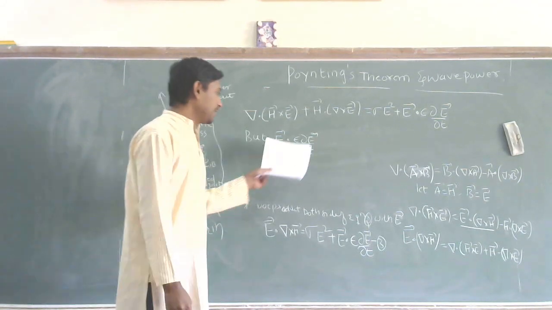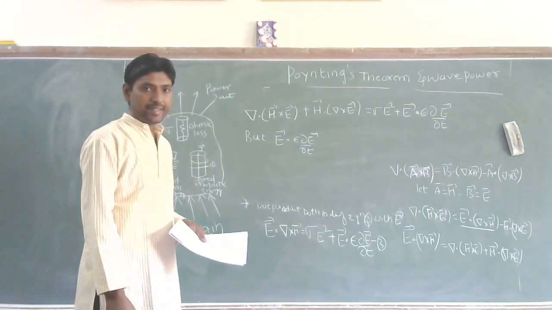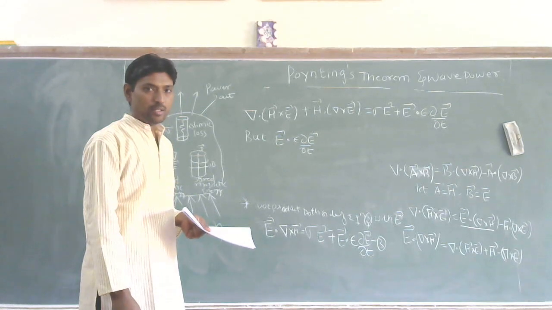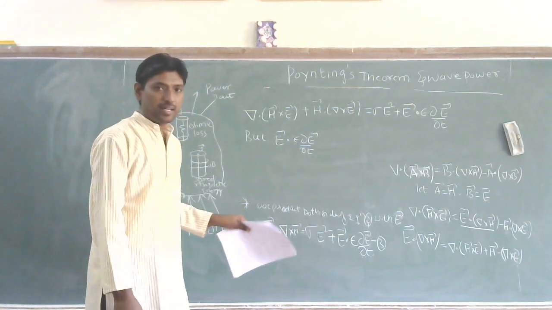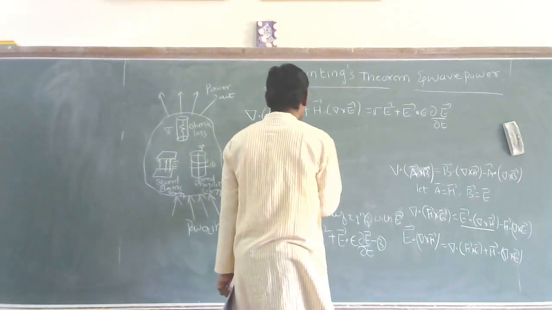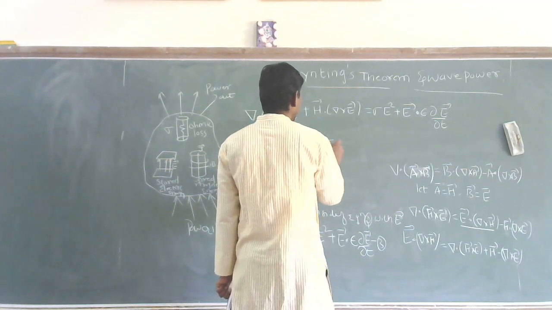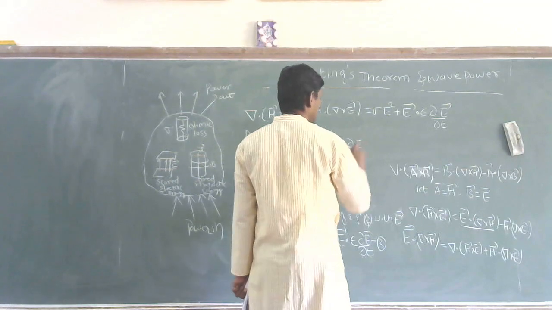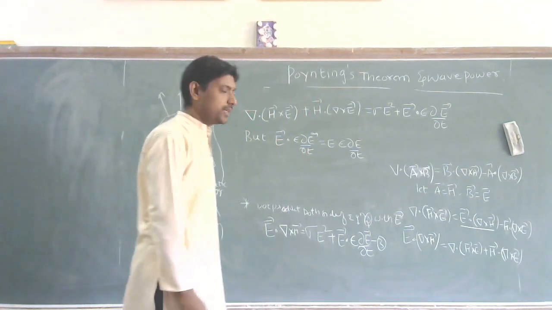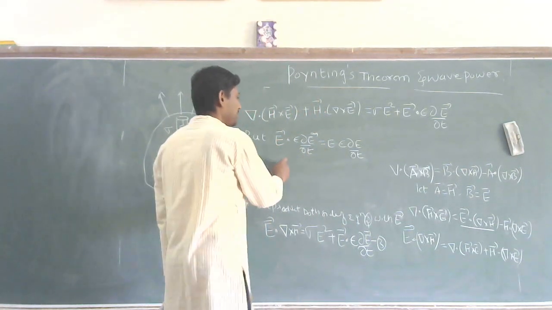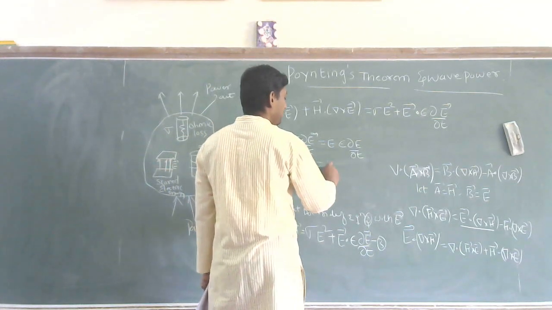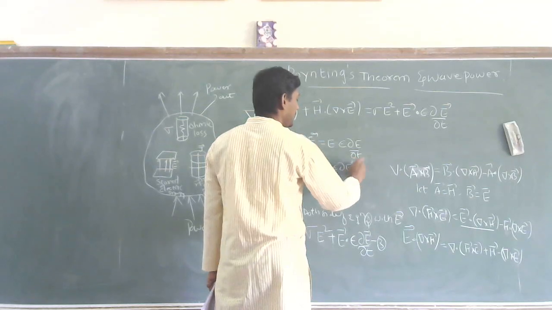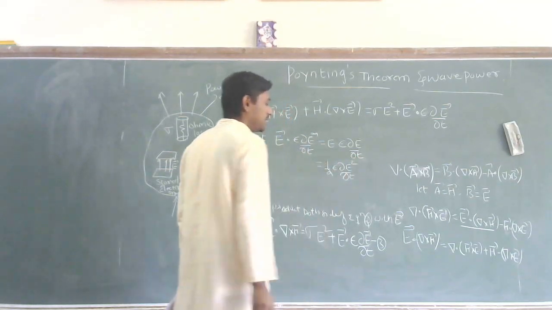So when you make a dot product, it reduces to a scalar. So I can write this as E times dou E by dou t. And further you could check that I can write this as 1 by 2 epsilon times dou E square by dou t.